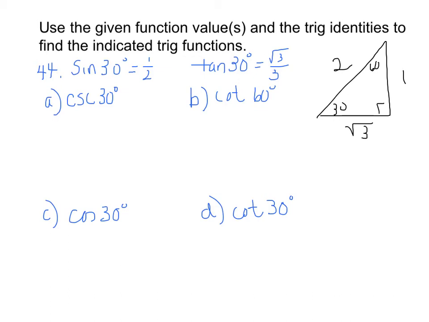So cosecant, if you think about cosecant, cosecant is the reciprocal, right, of sine. So cosecant of theta is 1 over sine theta. So that's going to be 2. The cotangent of 60, let's think about what the cotangent of 60 would look like. The tangent of 60 would be opposite over adjacent, so the cotangent of theta would be adjacent over opposite.